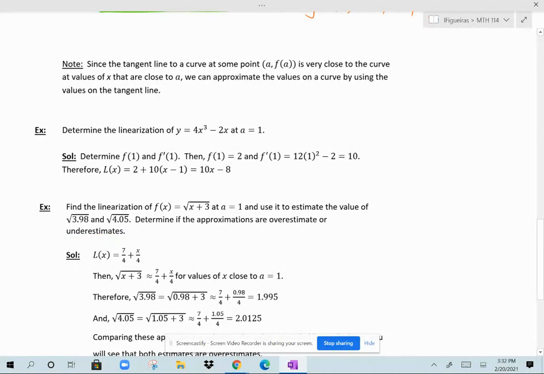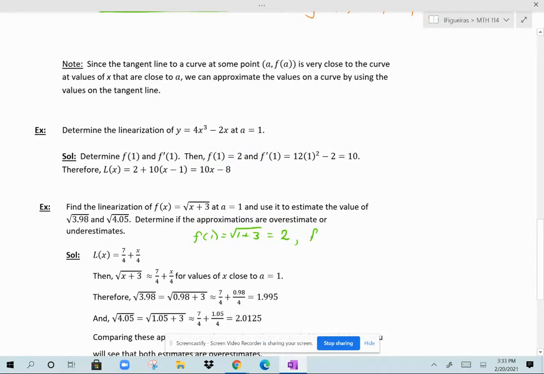Okay, so to find the linearization, I again need to compute f of a and f prime of a. Now, f of 1 for this problem is square root of 1 plus 3, we know that's 4. And so my function value is 2. Again, that's just a coincidence that these work out the same way. That's not always true.